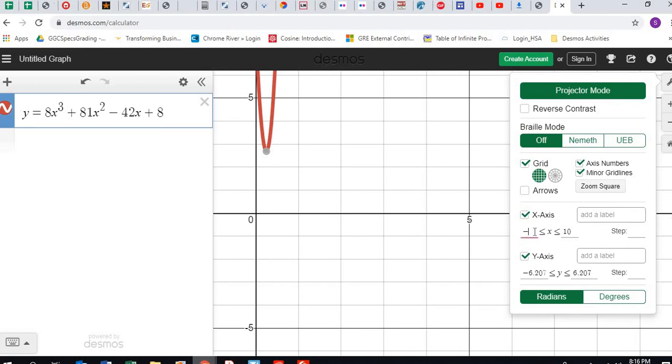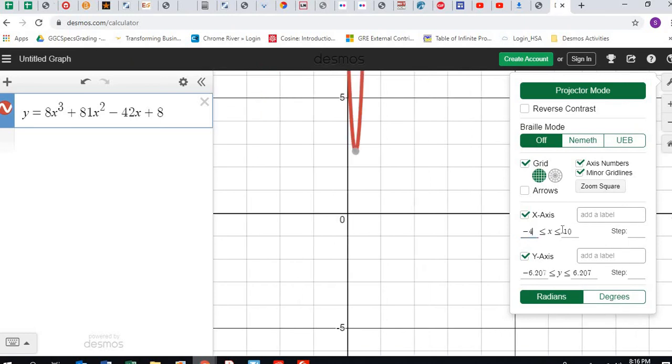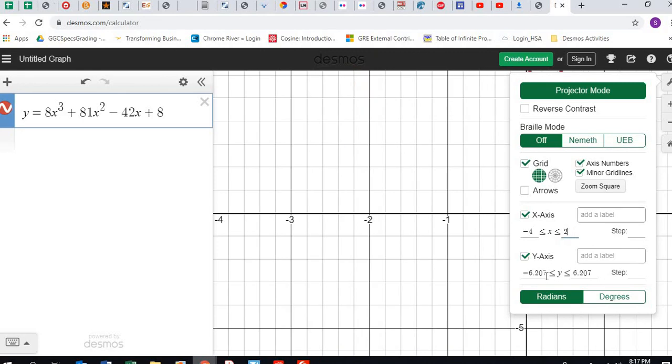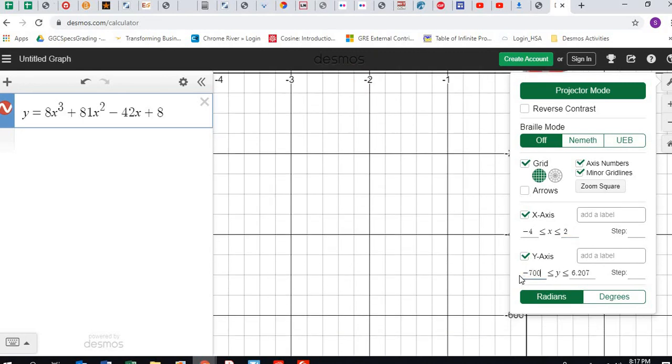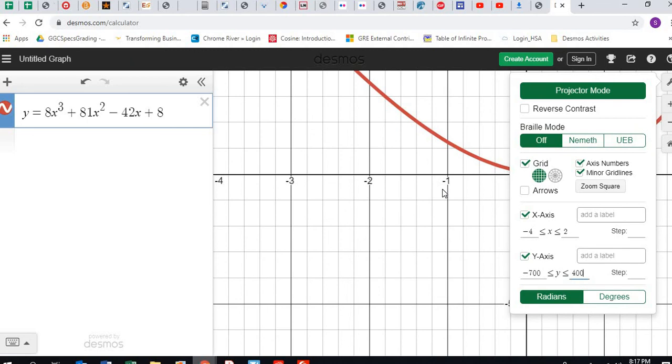I'm going to make my x-axis go from -4 to 2 because those were my endpoints, right? But then the y values have got to be really big, so I'm going to go down to negative 700 based on what we've already found, and up to positive 400, okay?